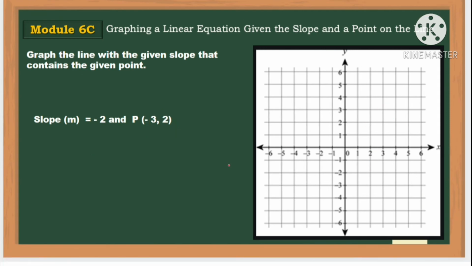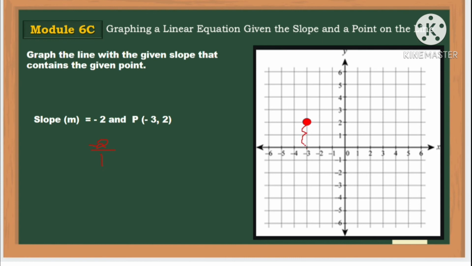So next, the slope is negative 2, meaning negative 2 over 1. We're going to locate point negative 3, 2. So this is negative 3 and this is positive 2. So this is the point. We're going to count twice. It can go downward or upward, depending on our movement. So this is 2, and we're going to move downward twice.